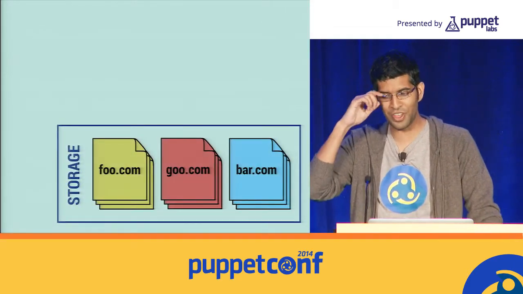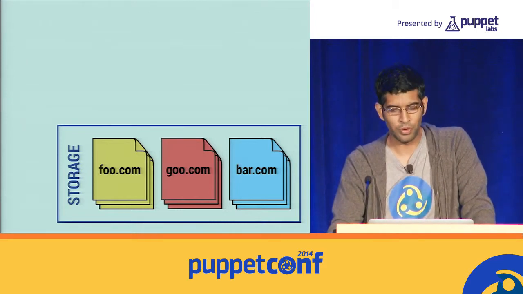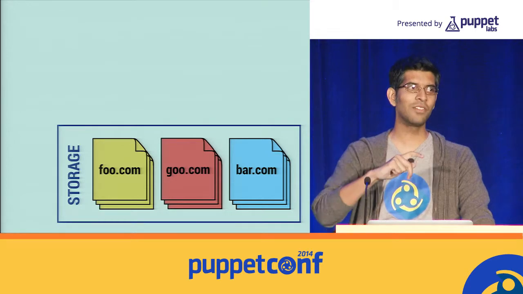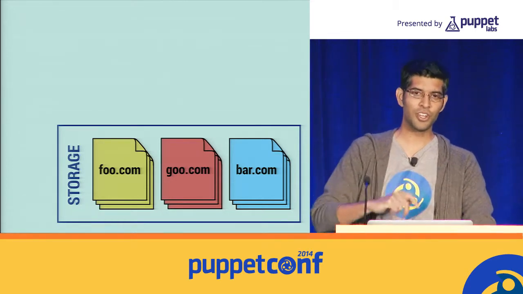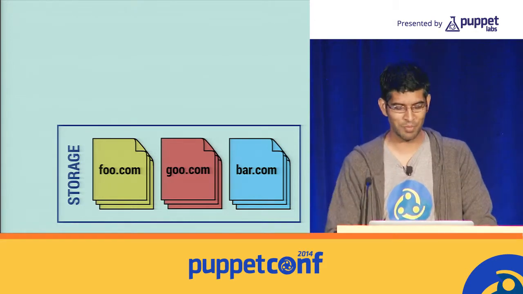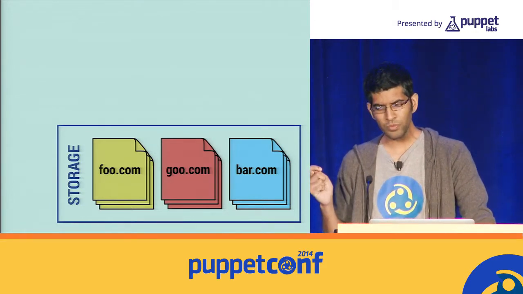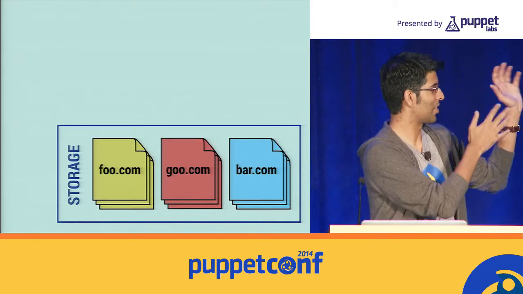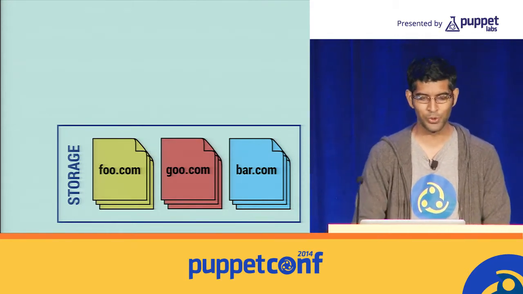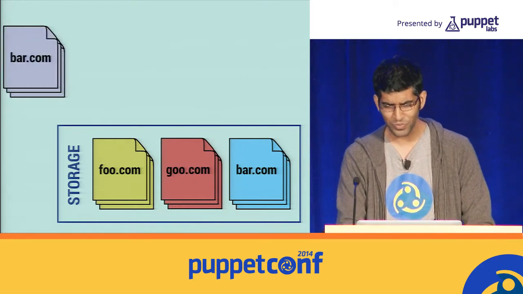So how do we get there for PuppetDB? What I'm going to talk about now is basically the ways in which we've tried to engineer it so that it is more self-regulating than one might think by initial appearance. Let's say that I've got PuppetDB, represented by storage, and I've got catalogs for 3 systems: foo, goo, and bar.